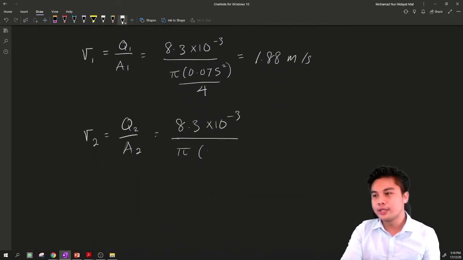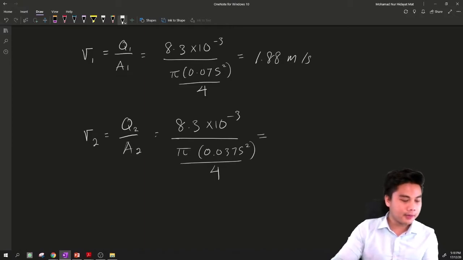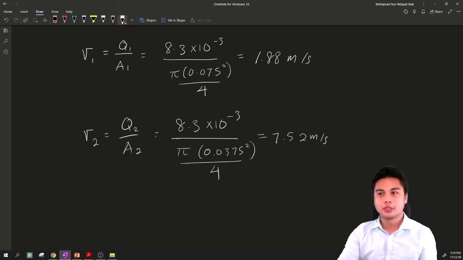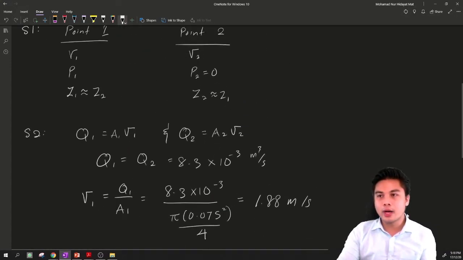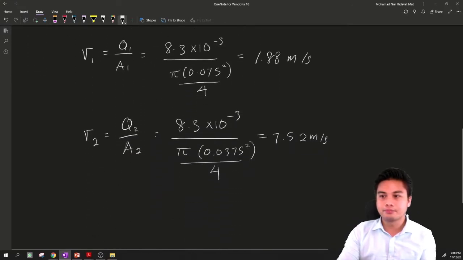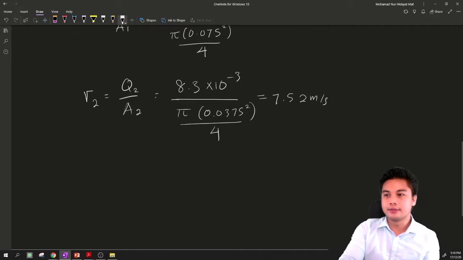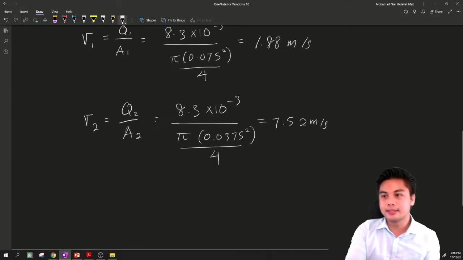Convert to SI units, it is 0.0375 squared over 4. Simplify. Finally, you will get 7.52 meters per second. After you find V1 and V2, you need to apply the energy equation. Okay, step number 3.